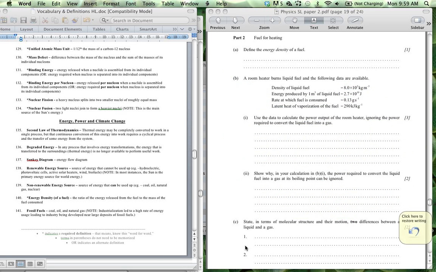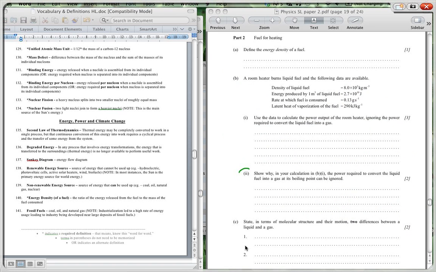Now let's go into this next part. It says show why in your calculation in B1 the power required to convert the liquid fuel into gas at its boiling point can be ignored. Well, here we know that we need 290 kilojoules per kilogram to convert 1 kilogram into a gas, and I'm using 0.13 grams per second.